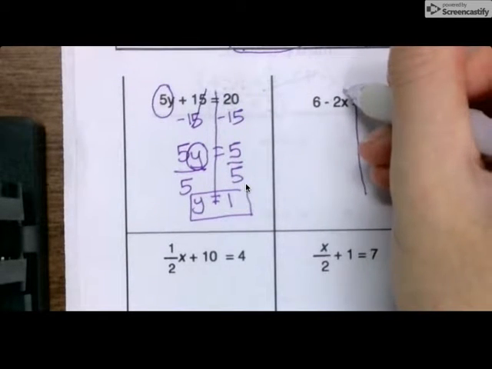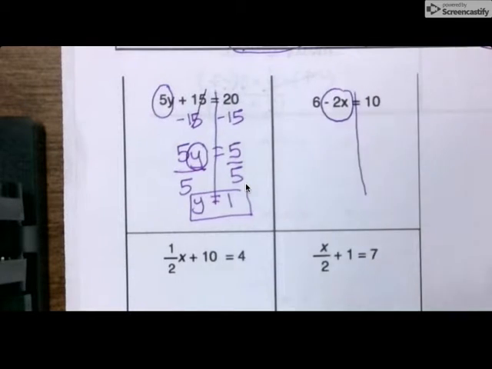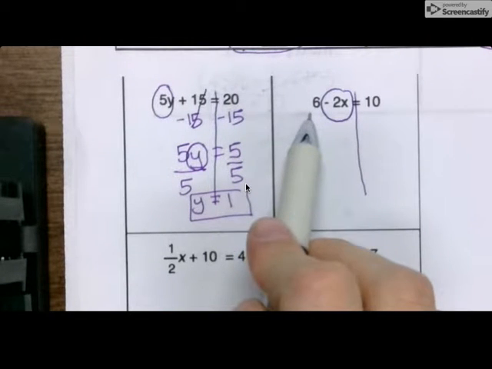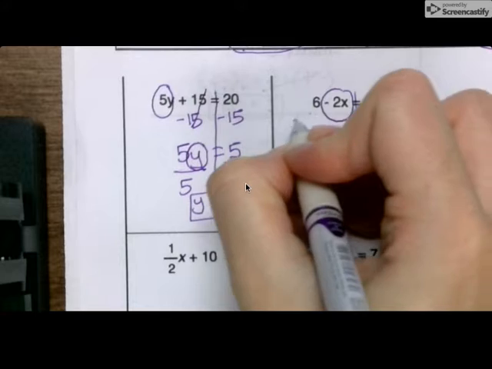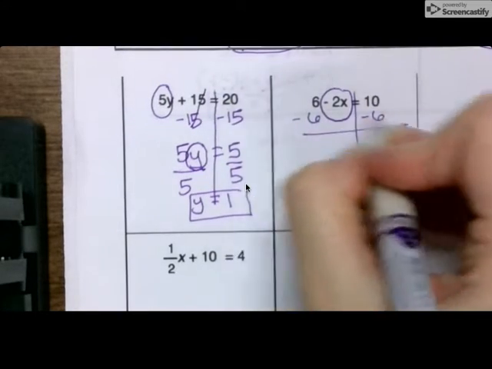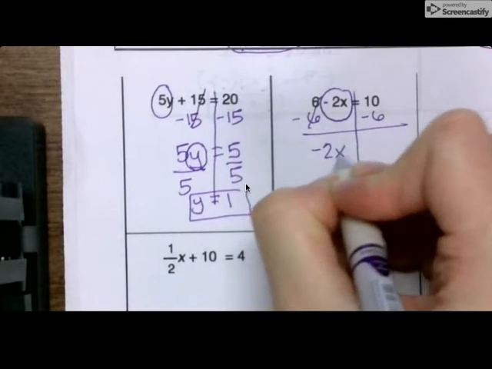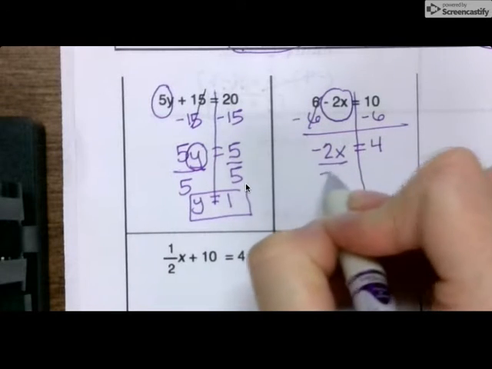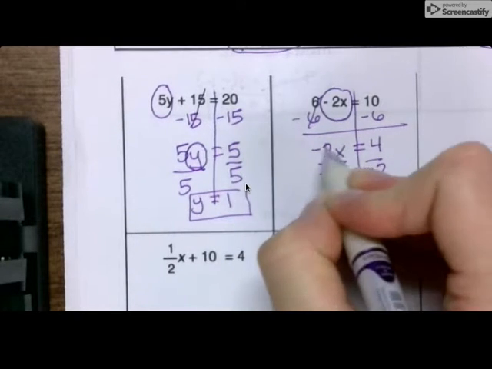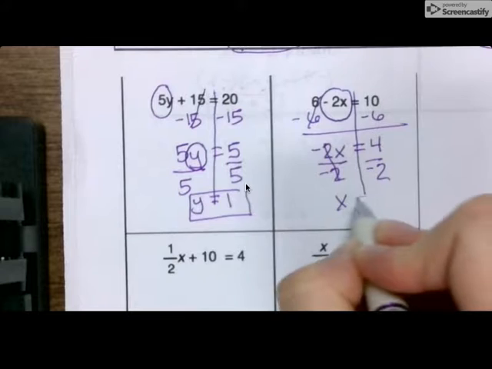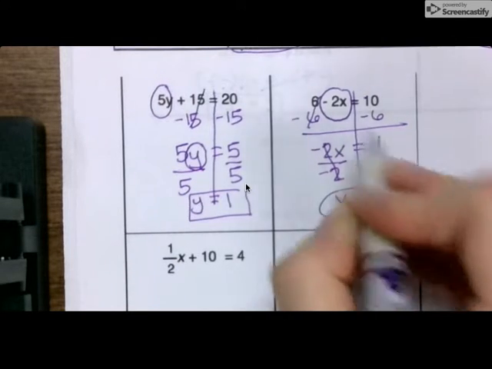This time my term with my variable is the second spot. Is this 6 positive or negative? Positive. So I'm going to subtract 6 from both sides. Negative 2x equals 4. Divide by negative 2. And x equals negative 2.